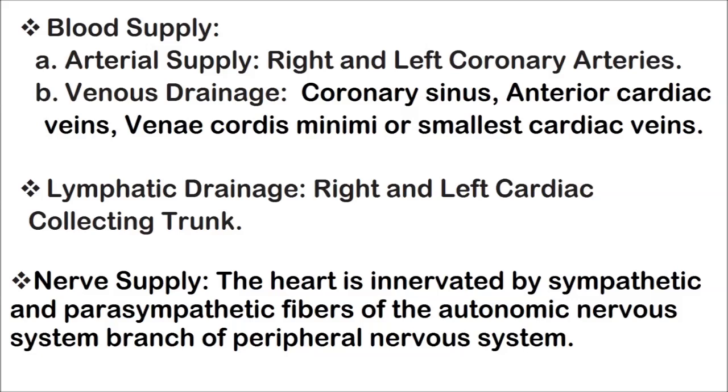These two arteries supply the blood to the heart wall. For example, right coronary artery arises from the anterior aortic sinus. Similarly, we have coronary sinus, anterior cardiac veins, venae cordis minimi, or the smallest cardiac veins. These veins drain out the blood from the heart wall.